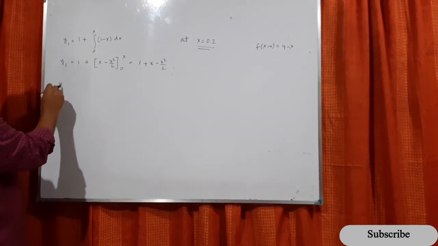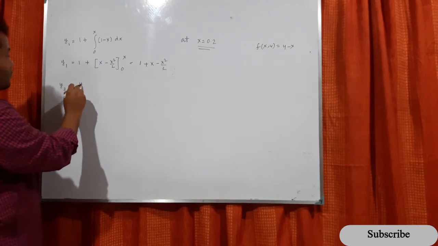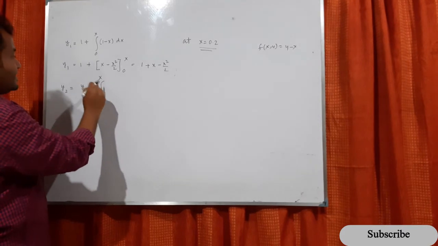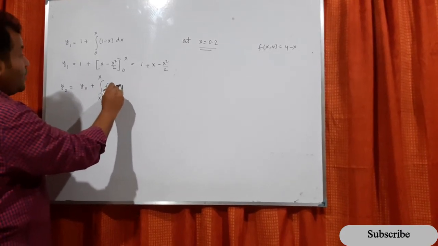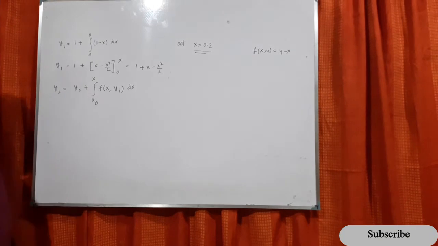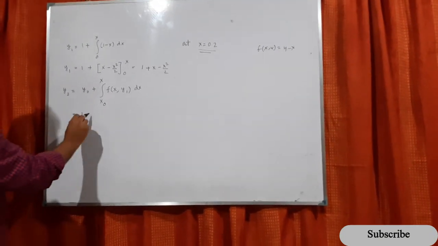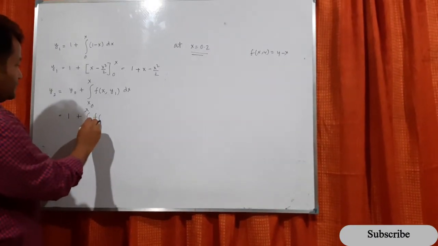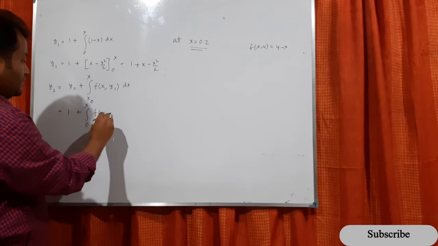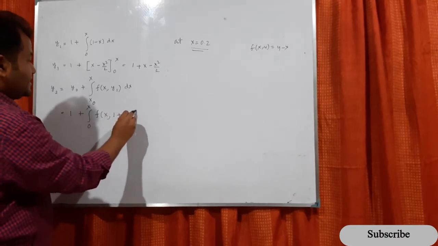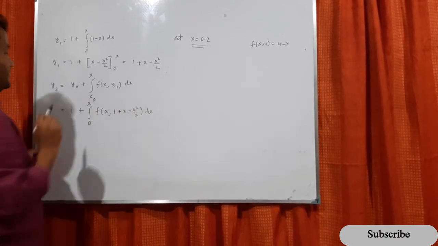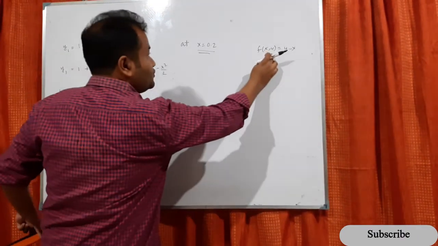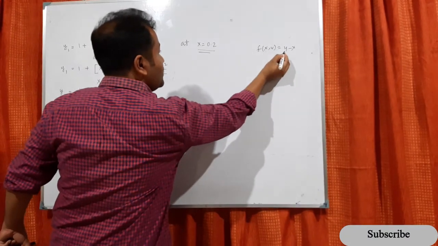What about y2? The formula for y2 was y0 plus the integral from x0 to x of f(x, y1) dx. Now y0 was 1, x0 was 0, so 0 to x of f(x, y1), which means this one, 1 plus x minus x squared by 2, dx. Now f(x,y) means the second one minus the first one, y minus x.